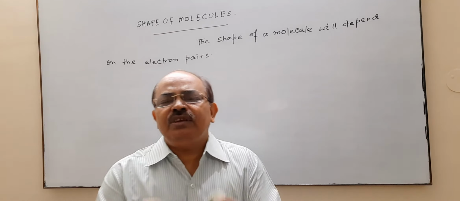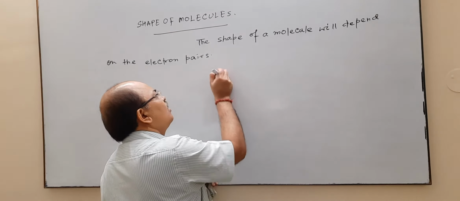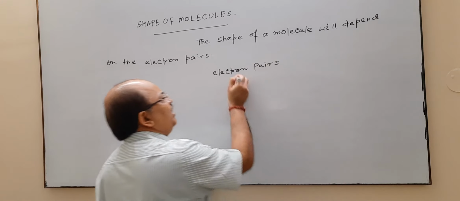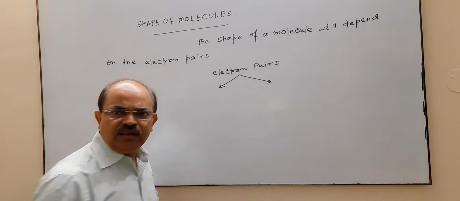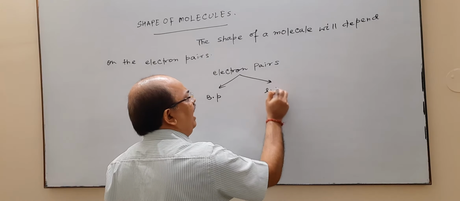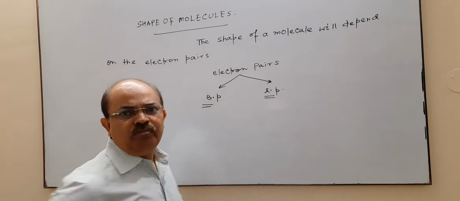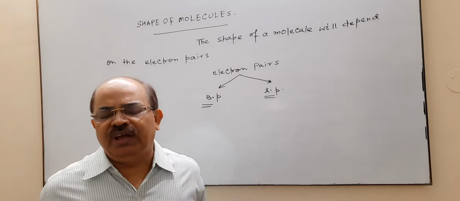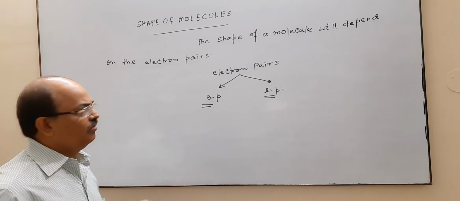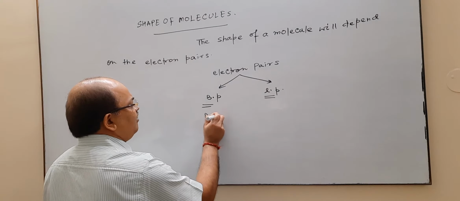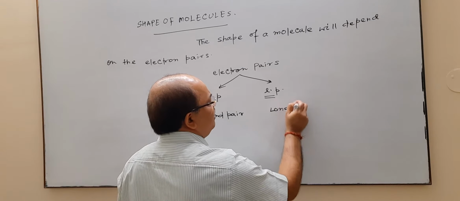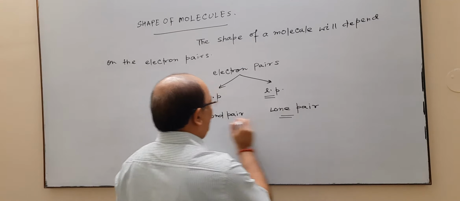Now if we write electron pairs, then it may be your bond pair and lone pair, because both the bond pair and lone pair are collectively known as electron pair. So this BP stands for your bond pair, while LP stands for your lone pair.